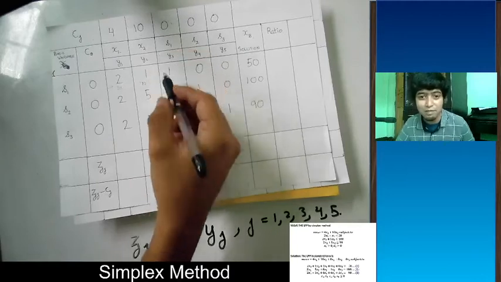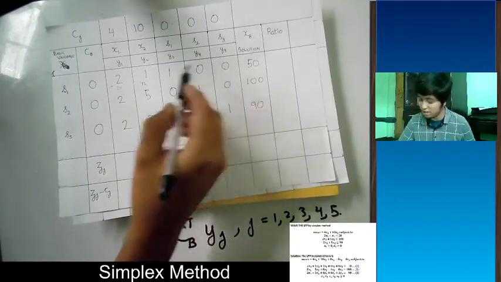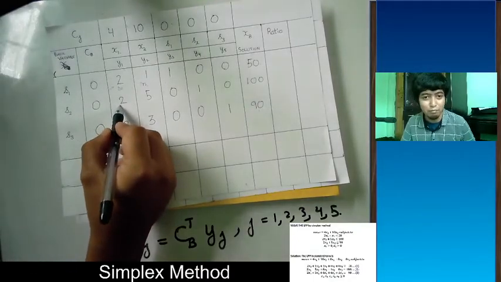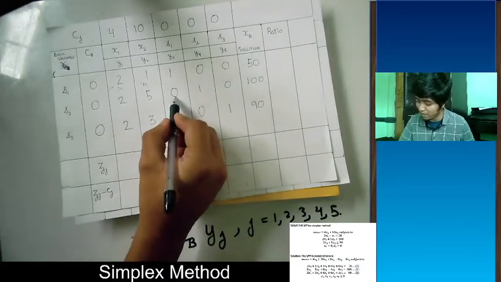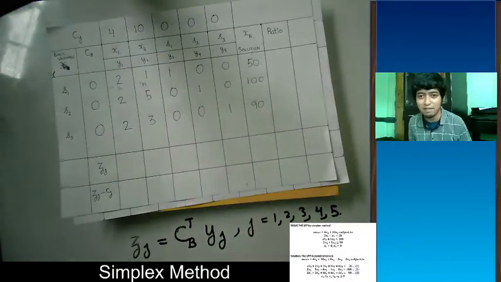Similarly, you can denote this one as y13, y14, y15. This one you can denote as y21, y22, y23, y24, y25, and similarly the rest of the entries. So that is the notation.